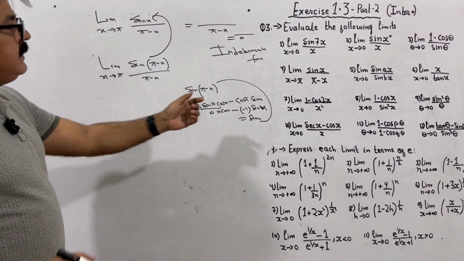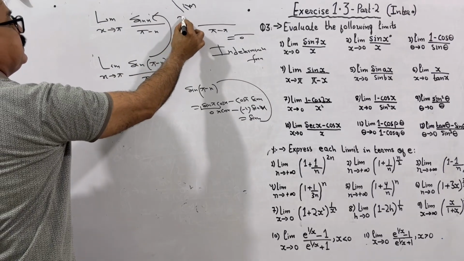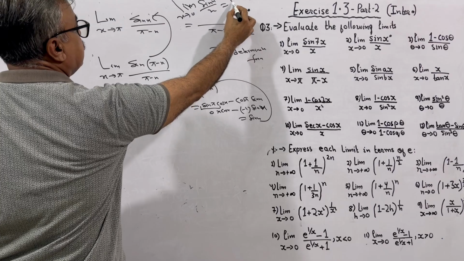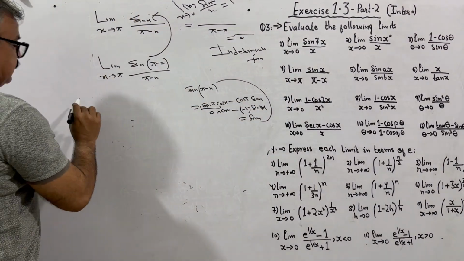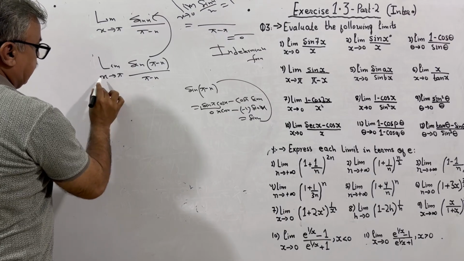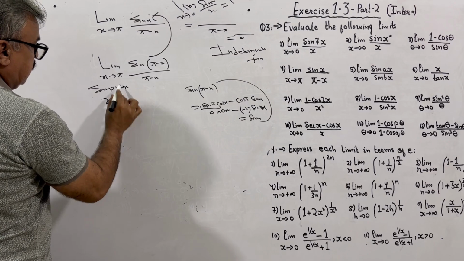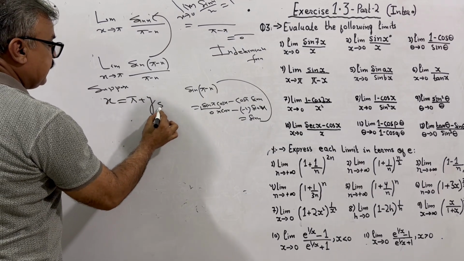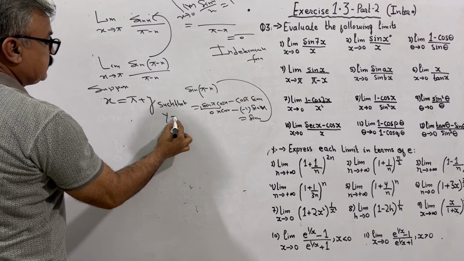To convert this into the formula we are familiar with, limit x tends to 0 of sin x over x, let me change the shape towards this. Suppose x is the old variable, and x is equal to limit plus new variable: x is equal to pi plus y such that y tends to 0.